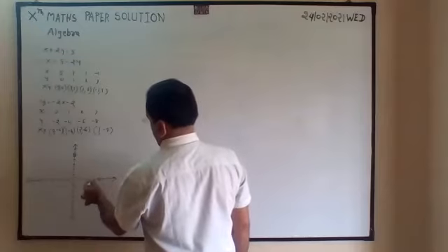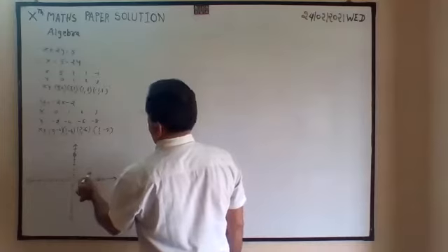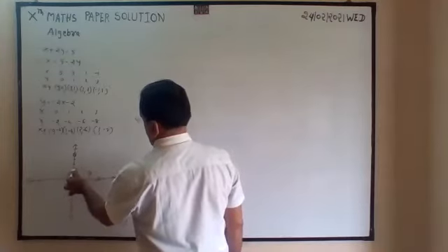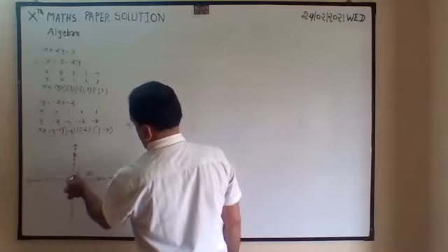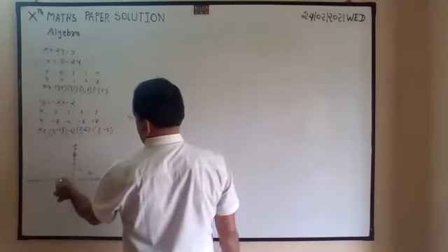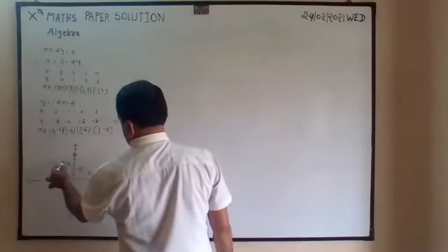So (5, 0), (3, 1), (1, 2), (minus 1, 3). So this one.